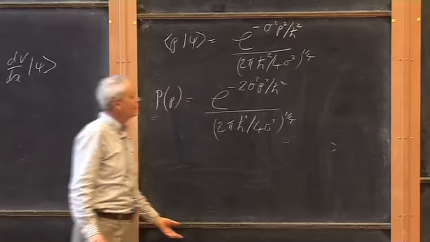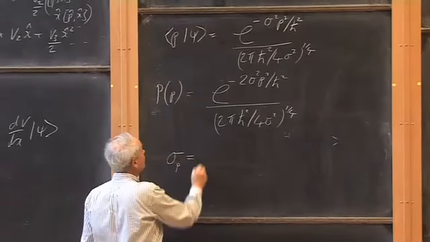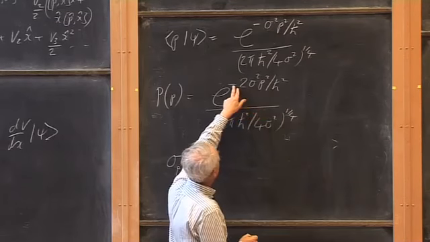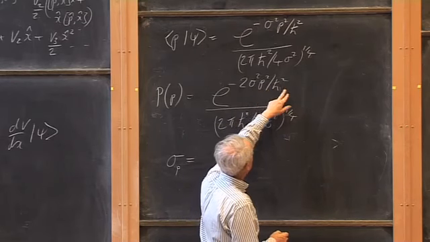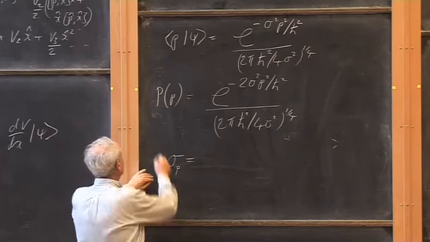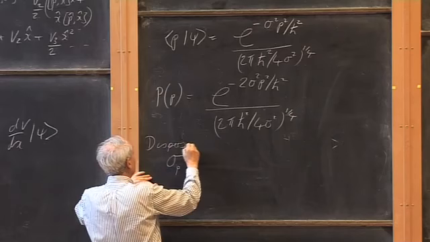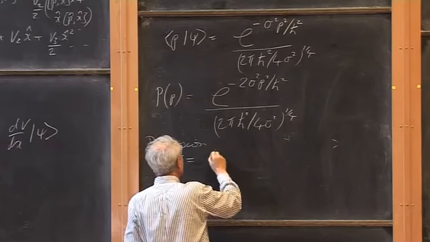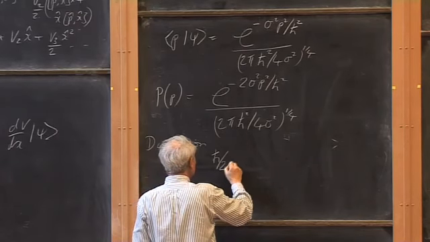To find the width of this distribution, the spread in momentum, you express this as e to the minus p squared over 2 sigma p squared. So the dispersion in momentum is h bar over 2 sigma.